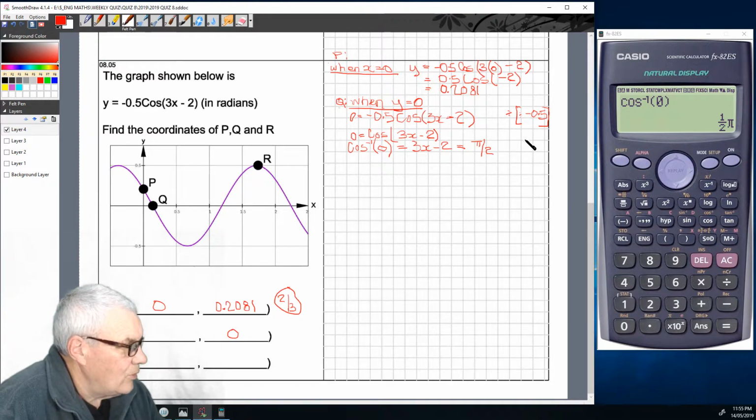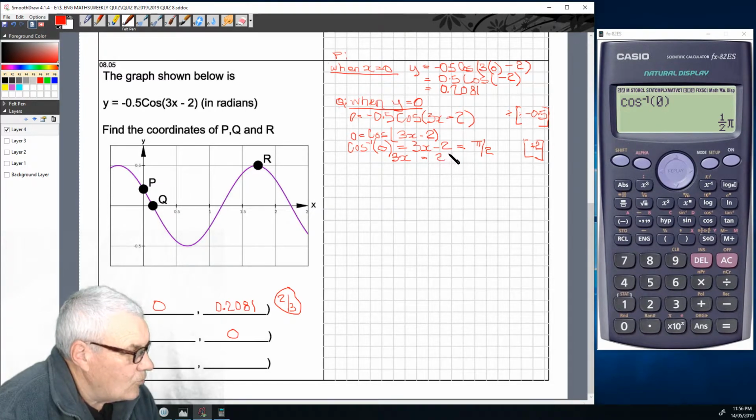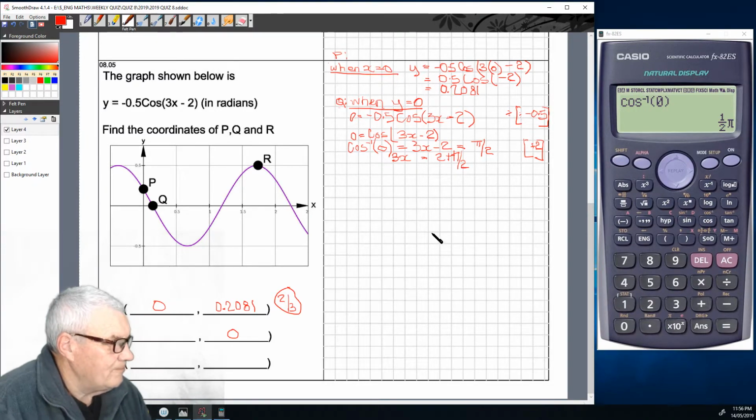So we can add 2 to both sides, and so we get 3x equals 2 plus pi by 2.